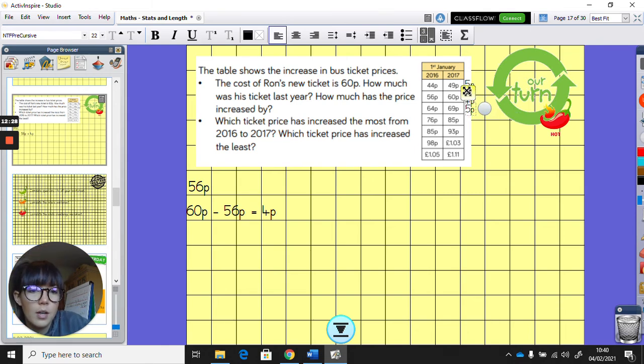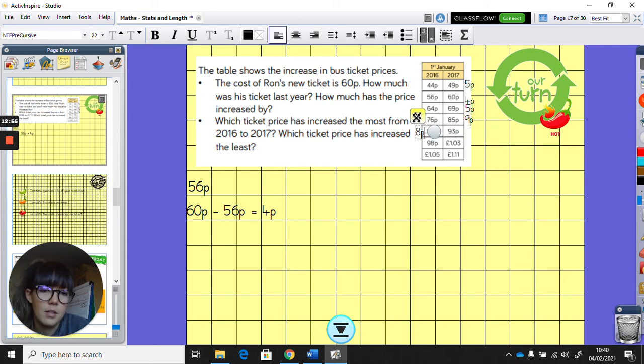Our next one, 76 to 85. We can count up 4 to get to 80 and then 5 to get to 85. Together, that is 9p. Then 85 to 93, so 5 to get to 90, 3 to get to 93, that will equal 8p altogether.